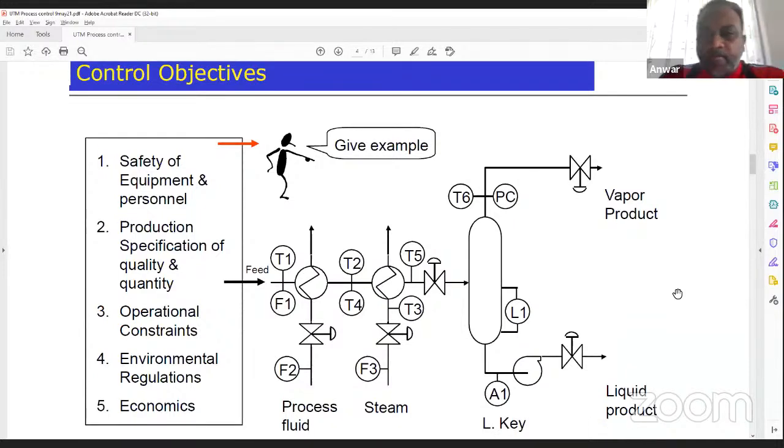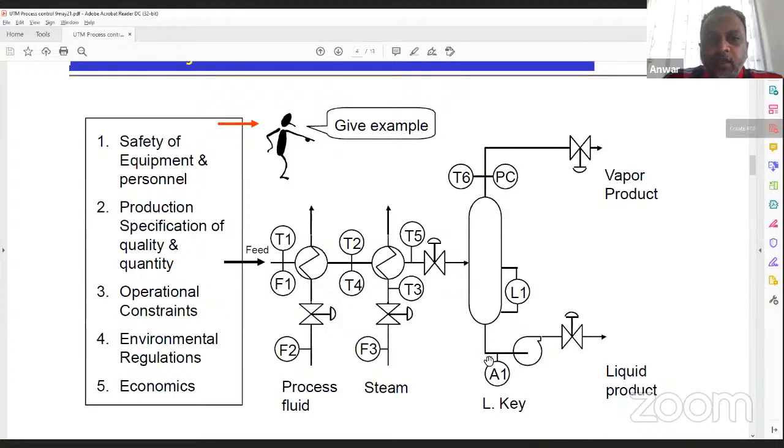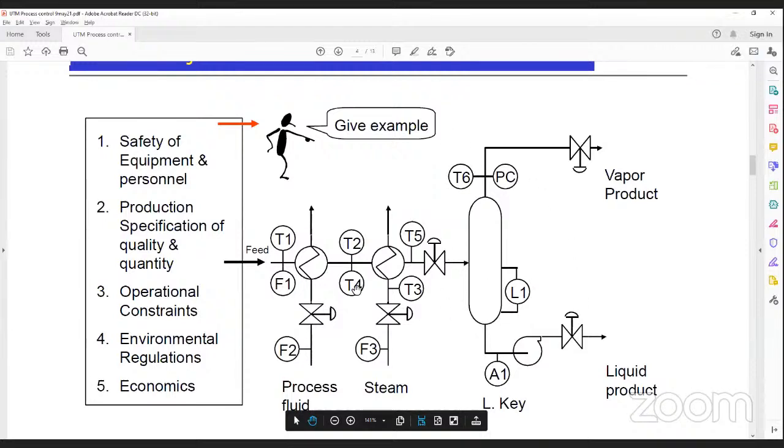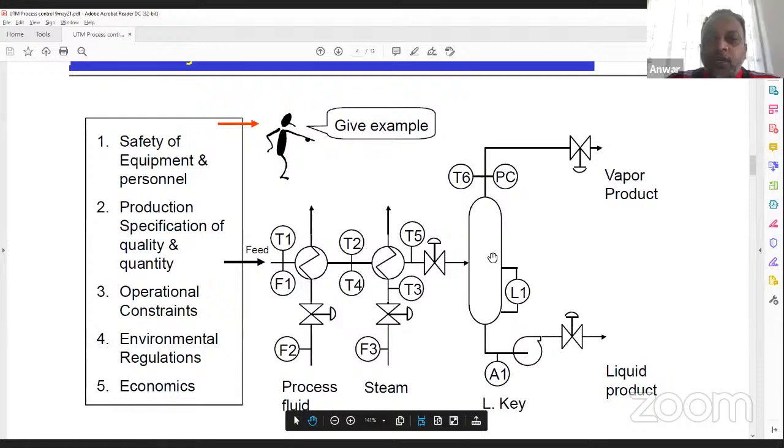Just imagine that we have a stream. This can be a distillation column, and you have a few feeds and also a few other streams.